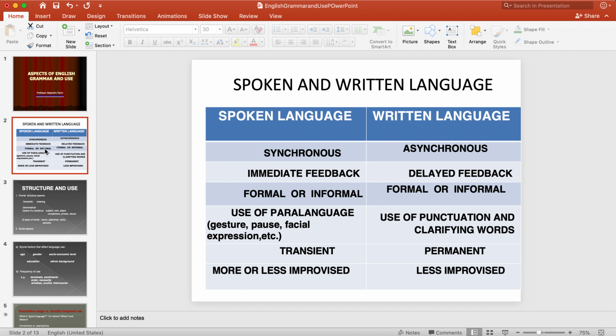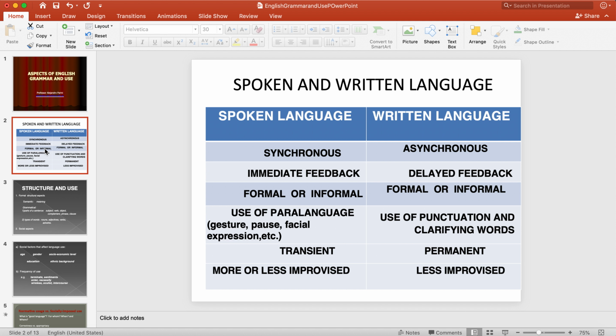Now when we use spoken language, of course we use gestures, we use facial expressions, we use what we call paralanguage. So communication is achieved not only by sending out, if you like, words and phrases. We also need other props, other elements that we can use to get our meanings across.